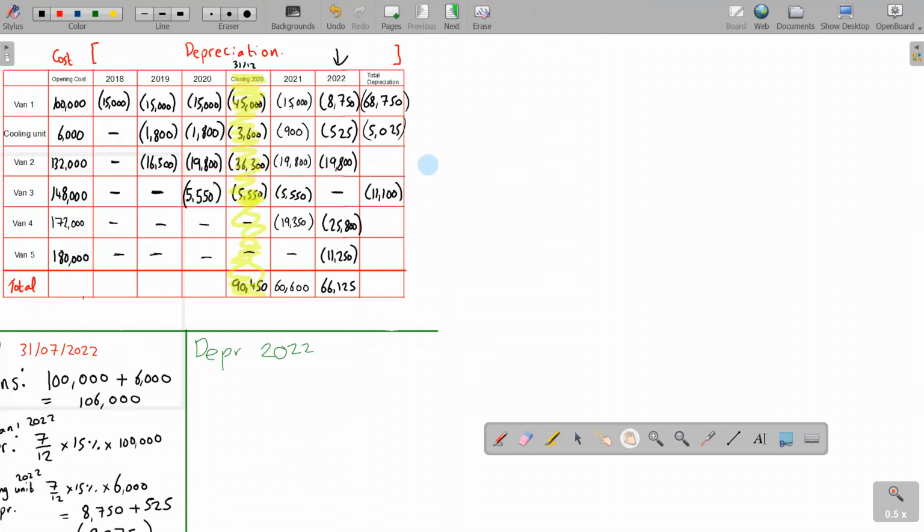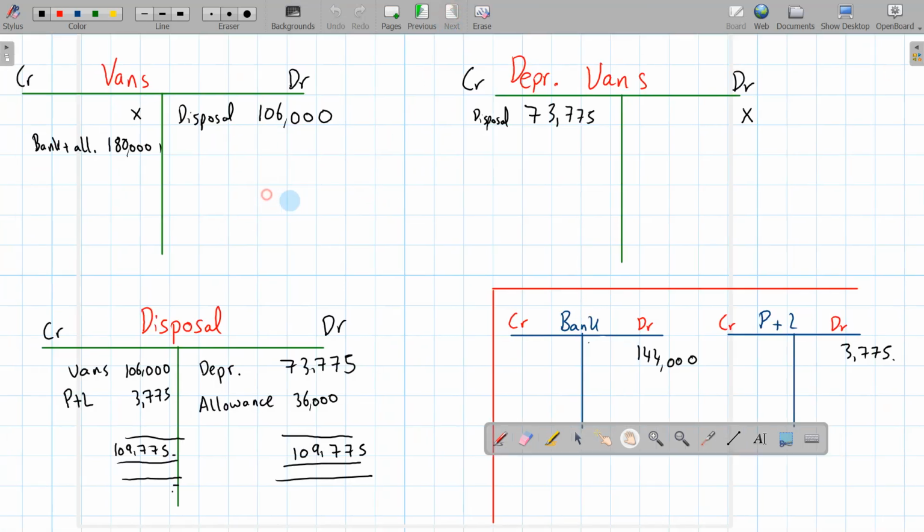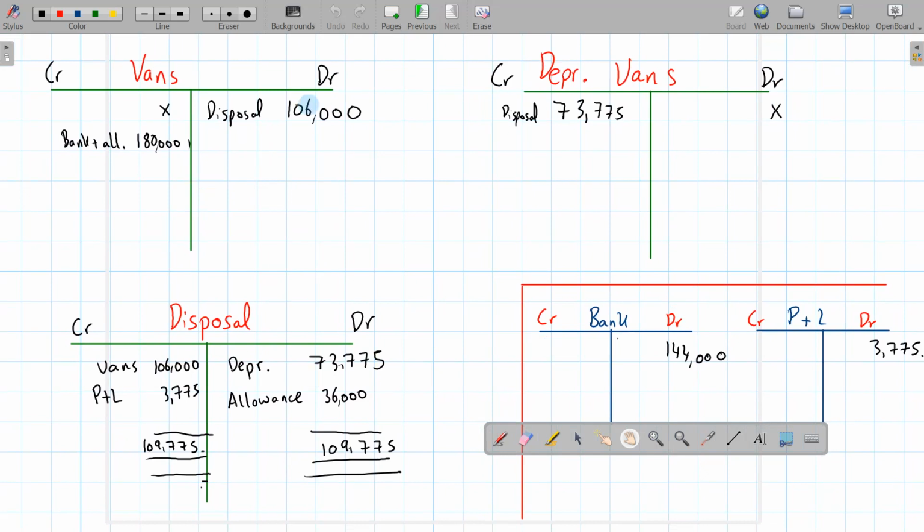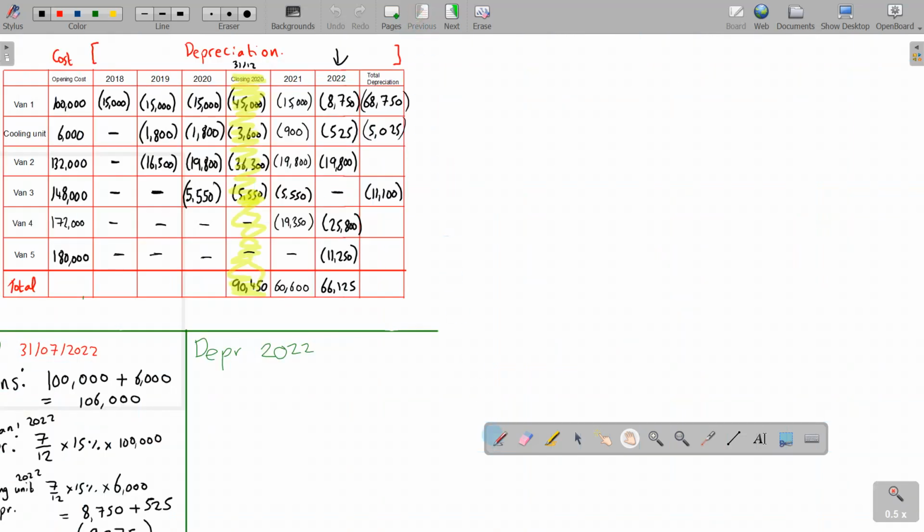So as I was saying, the T accounts we were doing for our depreciation, disposal, and Vans was just like a mock account. We don't have to do this when we're doing the real question, and obviously it will waste a lot of time. So I'm going to do the ones that you should be doing now.